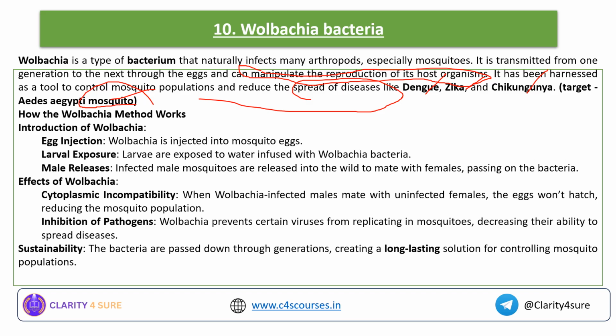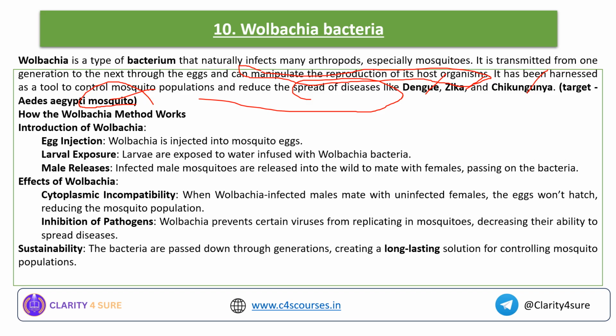The larvae are exposed to water that has been infused with the Wolbachia bacteria. Now the infected males will be released into the wild to mate with the females. Through this mating process, this bacteria will be transferred into the Aedes aegypti, that is the female of the mosquito group.